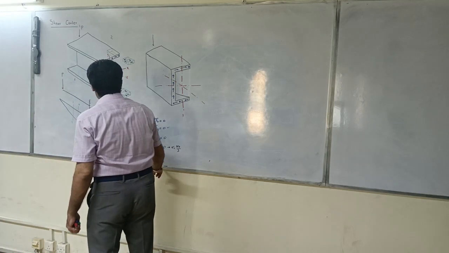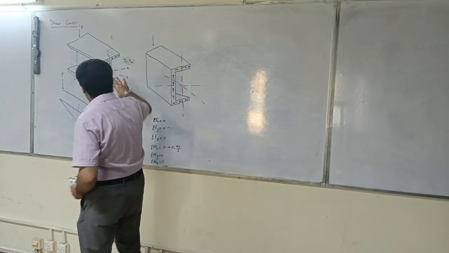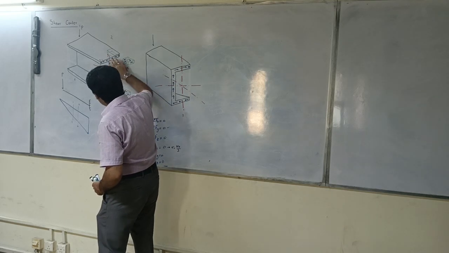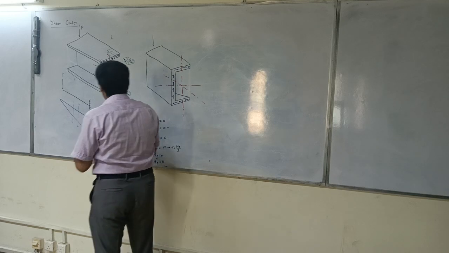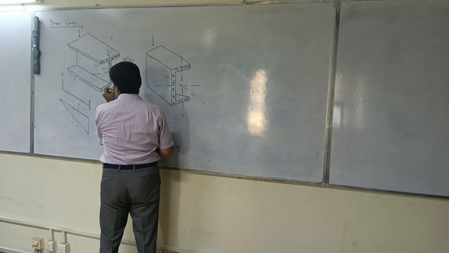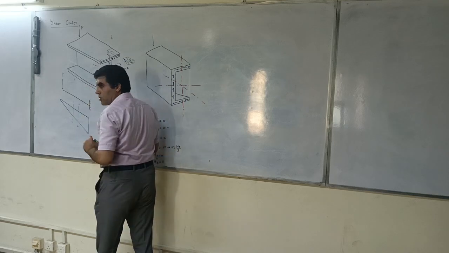Summation of moment about z must be equal to 0. Okay, so about z you have this shear flow and this shear flow. They are causing one moment. This one is causing one moment and this one is causing one moment, isn't it?